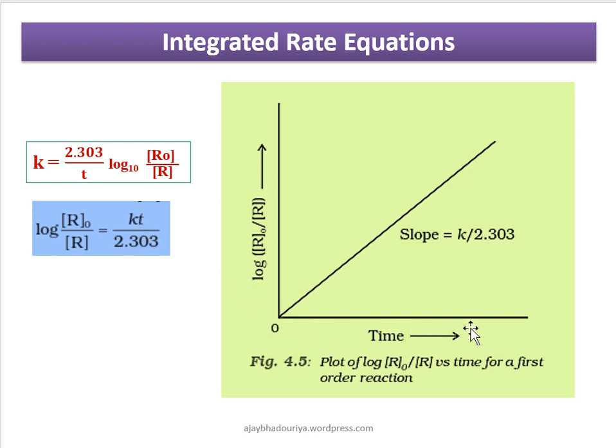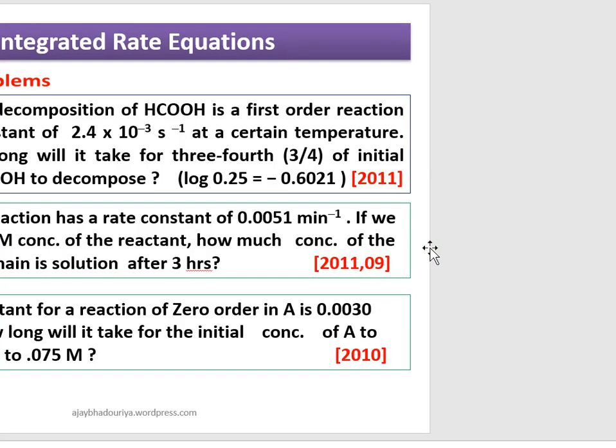K upon 2.303 is showing the slope. Suppose the value of slope is given, so by this formula you can calculate the value of K. For the first order reaction, slope is equal to K upon 2.303.